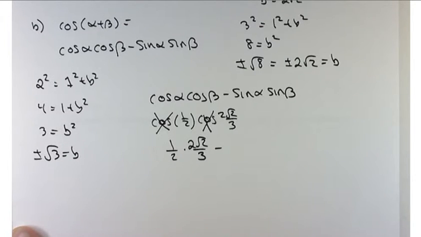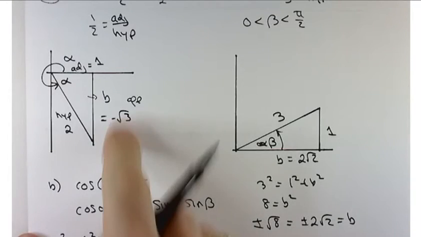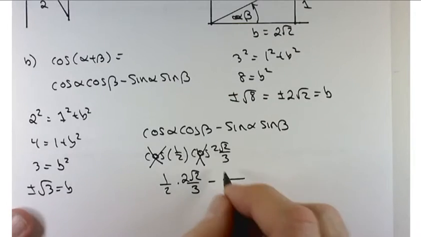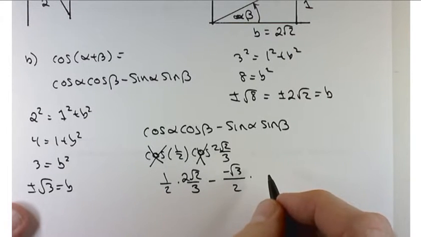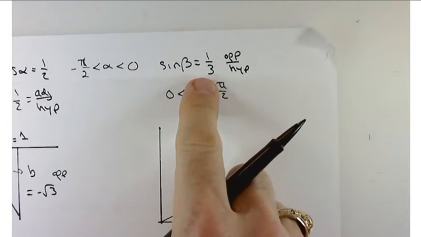We already know that. That's what was given to us, so hopefully we can get that one right. When we multiply these together, I'll get square root of 2 over 3. Minus and minus become a plus. Square root of 3 over 6.